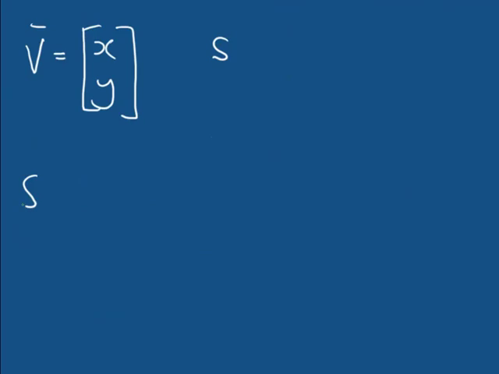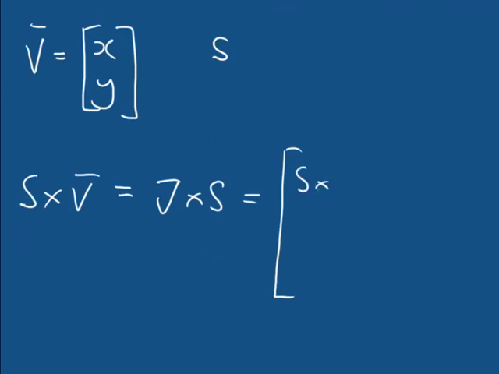So if I scroll down, let's just go over the key concepts again. So the key concepts were, if we have a vector which has the components x, y, so it's a 2D Cartesian vector, and we have a scalar, we know that s times the vector is equal to the vector times our scalar, and that's going to be equal to s times x as the first component and s times y as the second component.